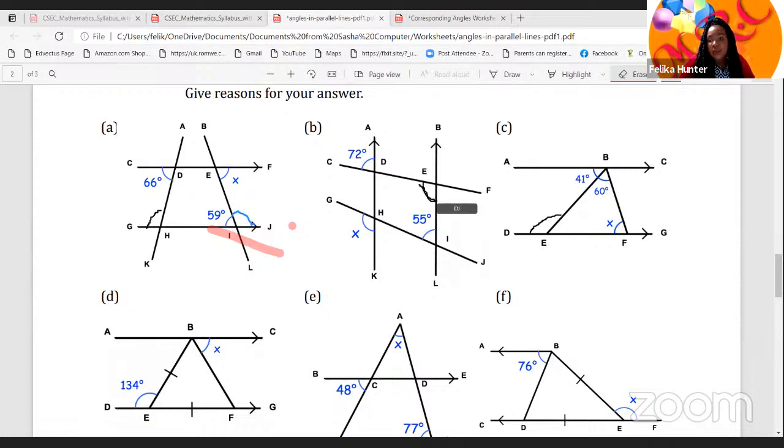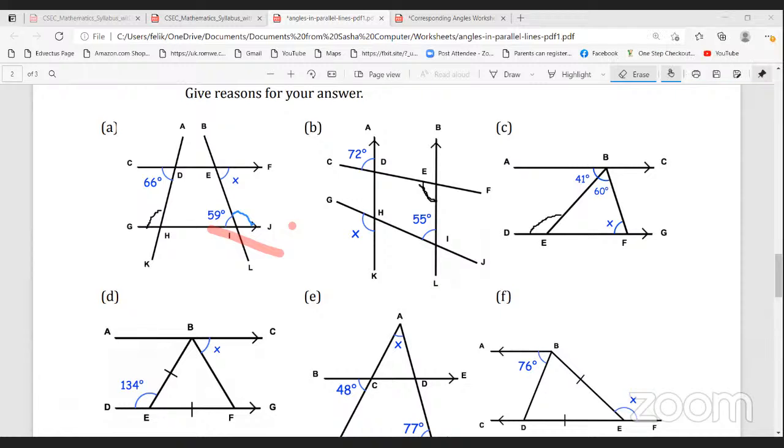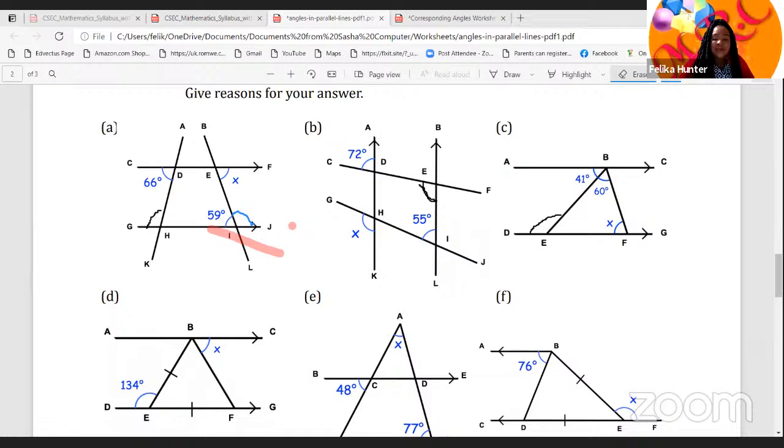Yes, beautiful. What would be co-interior to angle X at C?